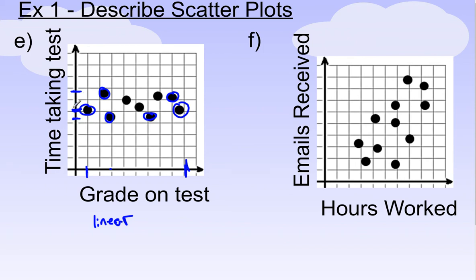I don't know what the units are here, but we could say maybe it's 5, 10, 15, within 20 minutes of each other. So within these 20 minutes, think of a class period. Everybody has to take the test or the quiz within the same amount of time, and there's going to be varying ability levels. So even though this is linear, whenever you have a graph that is not positive or negative, that would actually be a case of no correlation.